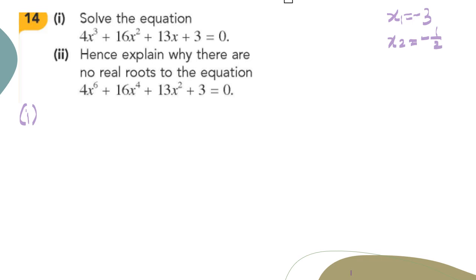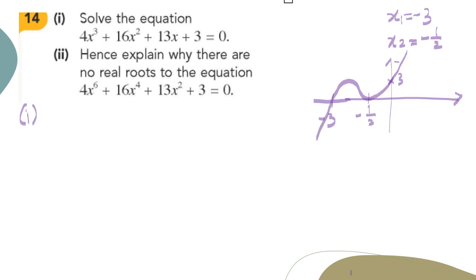Right, so this is the cubic equation. Why is it that we only have two real roots? It is possible because one of them could be a repeated real root. Means your curve... okay, right?